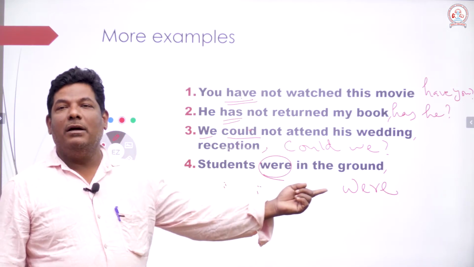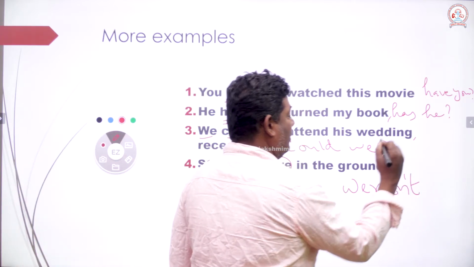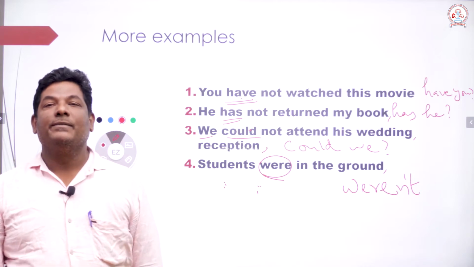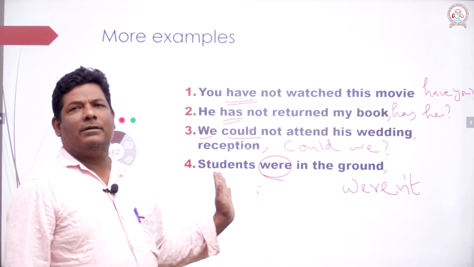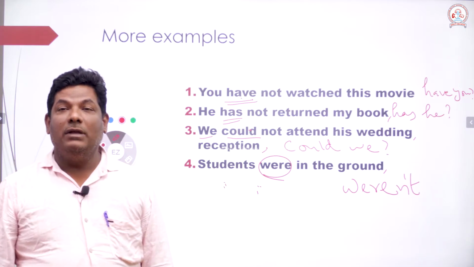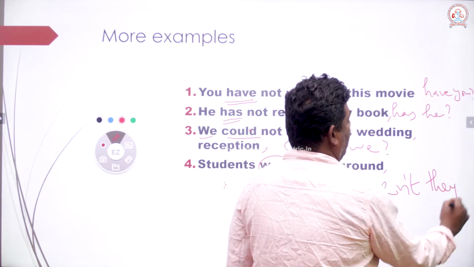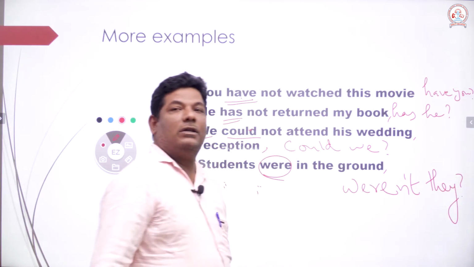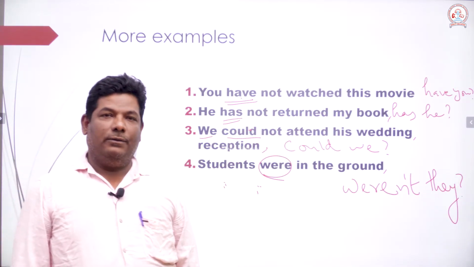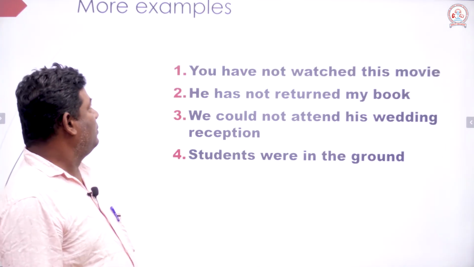Therefore, we must write a negative question tag. Weren't. Right? Students is the subject. The pronoun for students is they, right? Therefore, weren't they. So, this becomes a question tag for you. Is it clear? Is it easy for you? Right? Let us pass on to other examples.